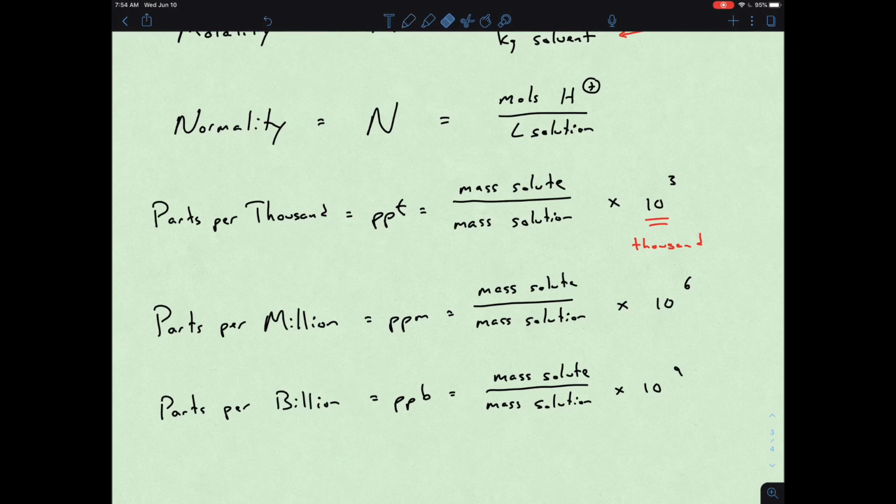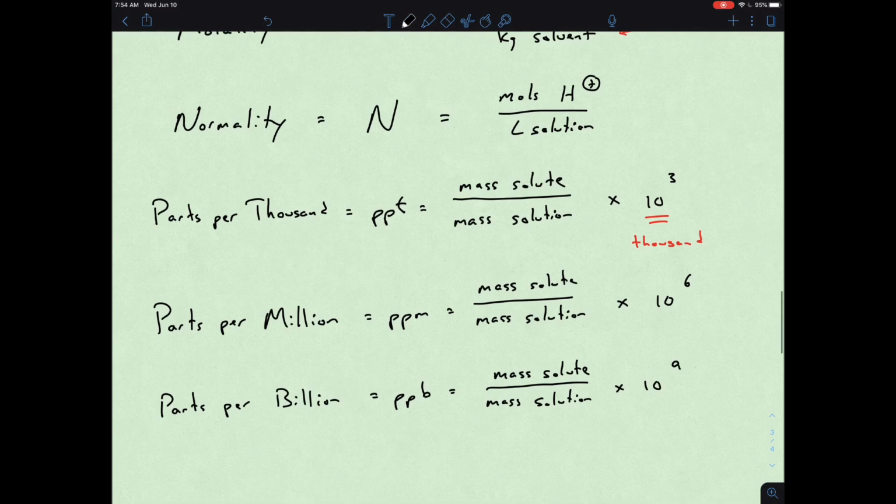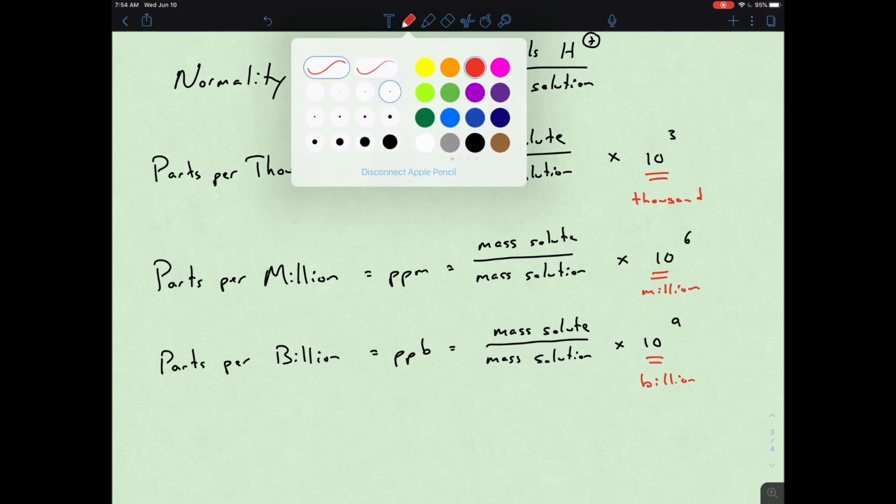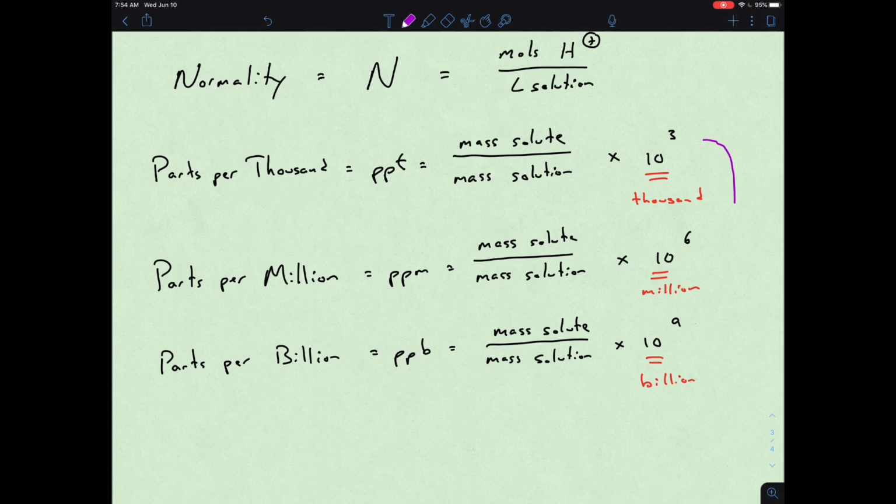And so that's 10 to the ninth. And so these are often used in environmental type, talking about environmental concentrations or environmental sampling.